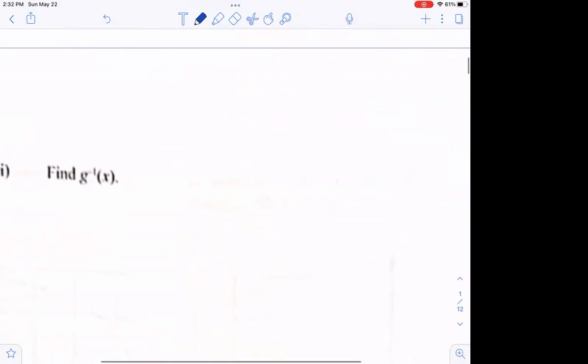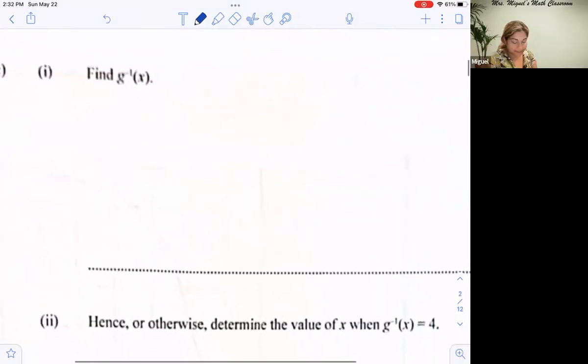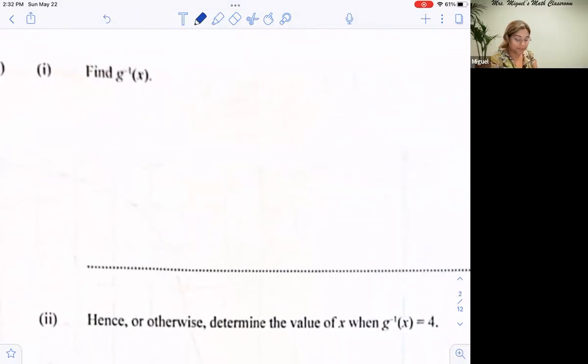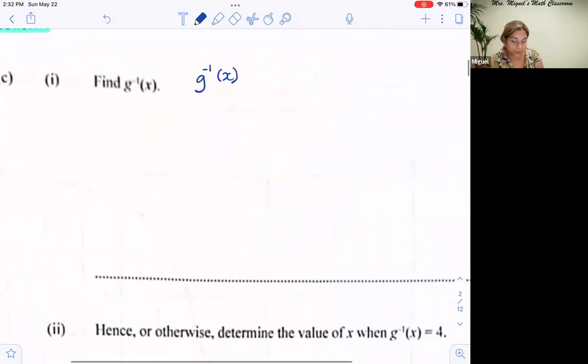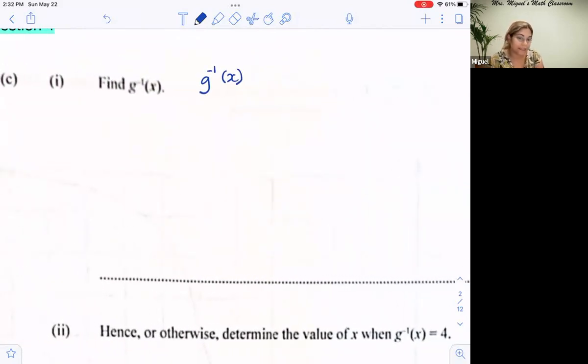No, Miss. The next part is to find the inverse. We want to find g inverse of x. So we have a series of steps and it's worth 2 marks. To find the inverse, step 1, let y be equal to g of x.